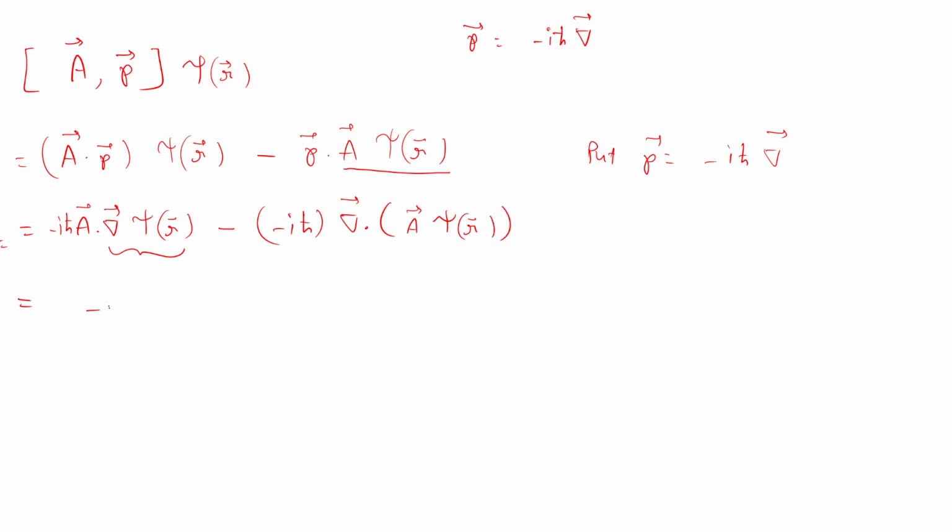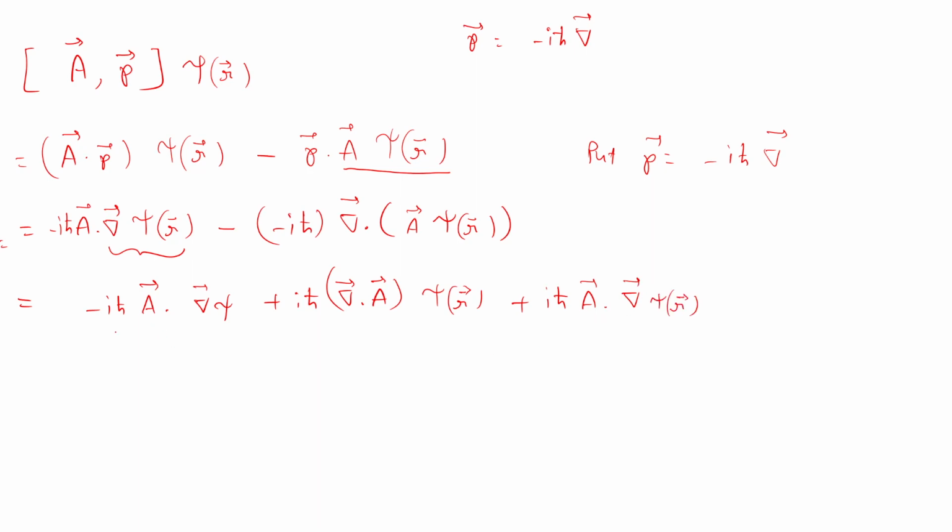So this is nothing but minus i h cross A dot gradient of psi, plus i h cross, and this will give two terms. One is divergence of A times psi of R, plus i h cross A dot gradient of psi of R, by the chain rule.